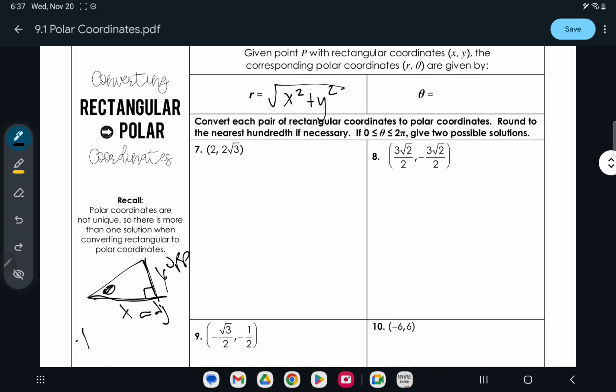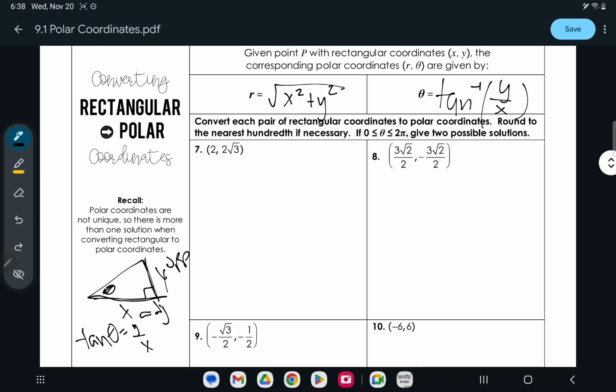So we have tangent of theta equals y over x. So to get theta by itself, we do inverse tangent. So inverse tangent of y over x. So we'll just look at two of these.